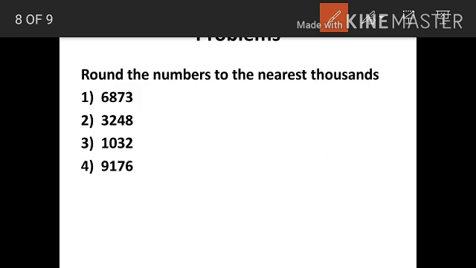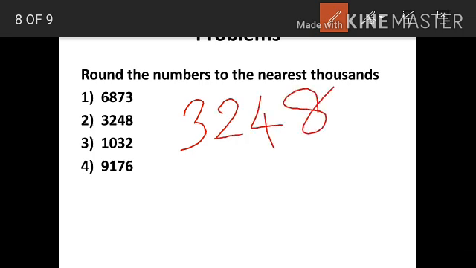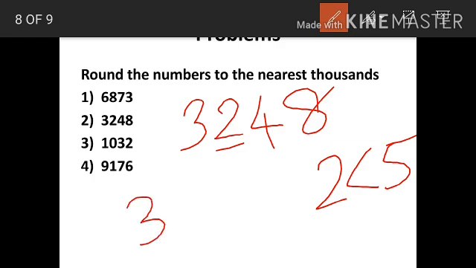Now the next example. It is 3,248. The digit at hundreds place is 2. We know that 2 is less than 5. So what we should do? We should keep the digit at thousands place as itself. So we'll write 3 there itself.